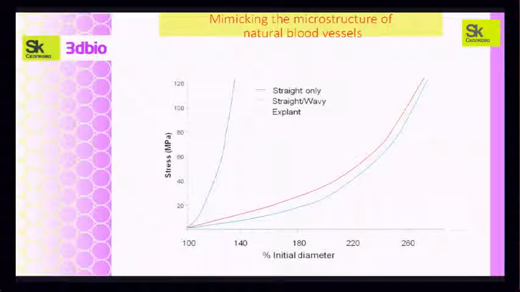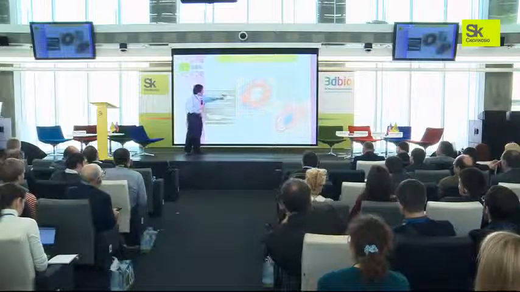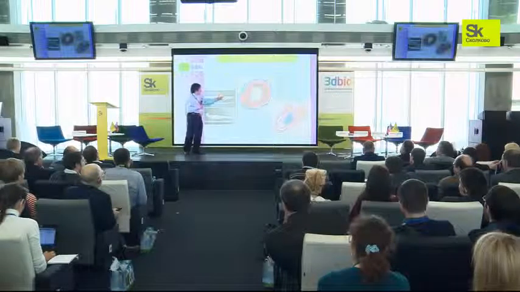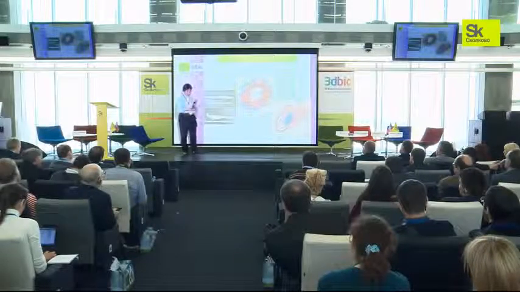And the straight one still has a very sharp mechanical property. And in the vessel structure, you can see the one with straight and wavy fibers looks pretty good, I mean the recovery. This one is already clotted.